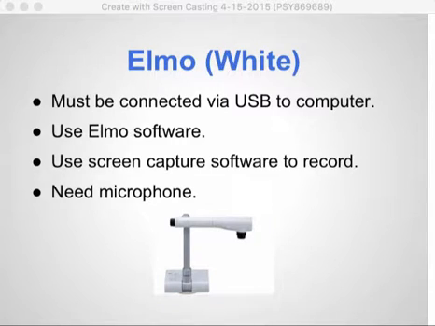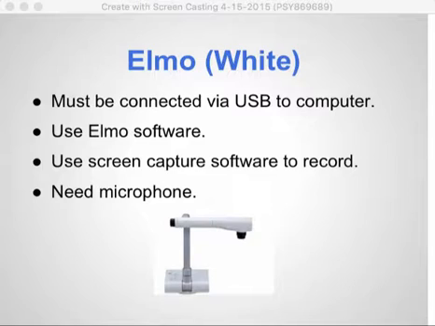A lot of you have the white Elmo. Again, same thing I just said before. You have to connect via the USB. Have your site-based technician or ECS install the Elmo software for your Elmo camera, and then use screen capture software, Screencast-O-Matic, or any other screencast software that you like.